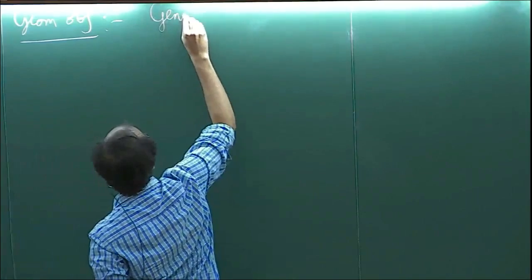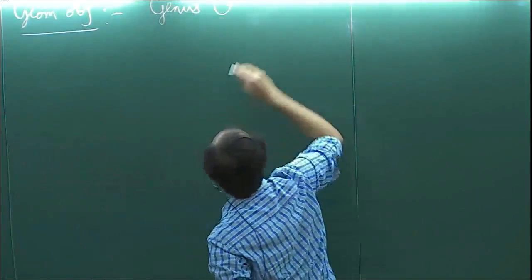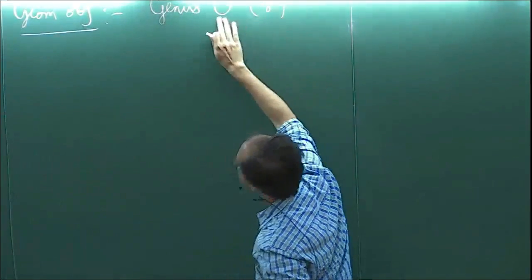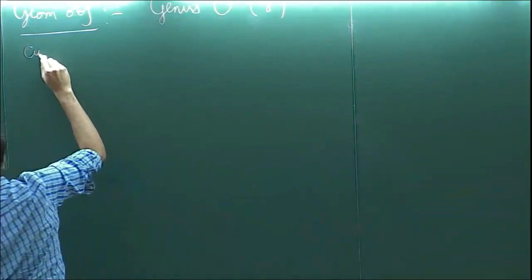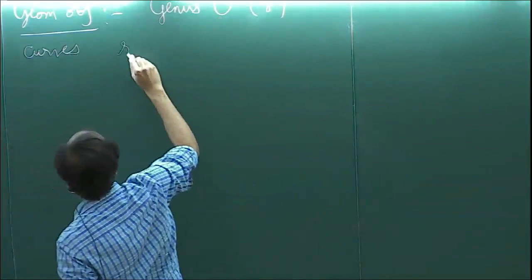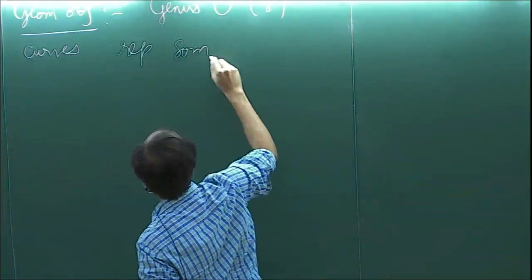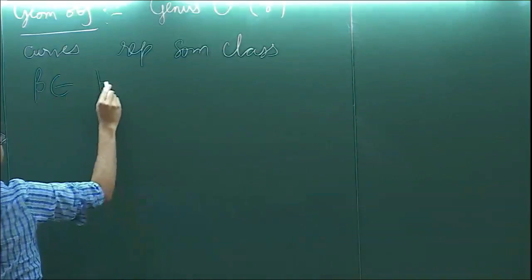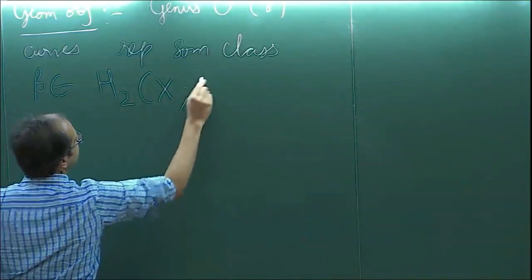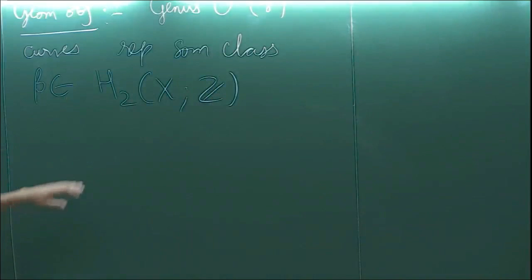So the geometric objects are genus 0, and later on I'll make that genus g maybe, but to begin with I'll say genus 0 curves representing some class. So I have some target manifold.